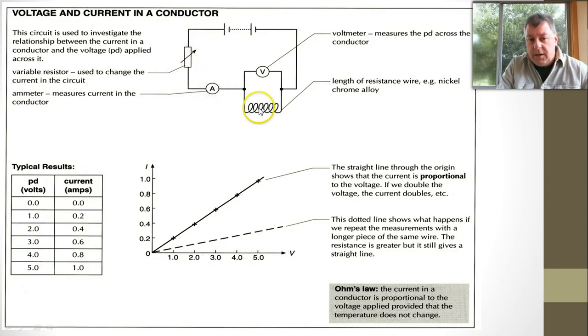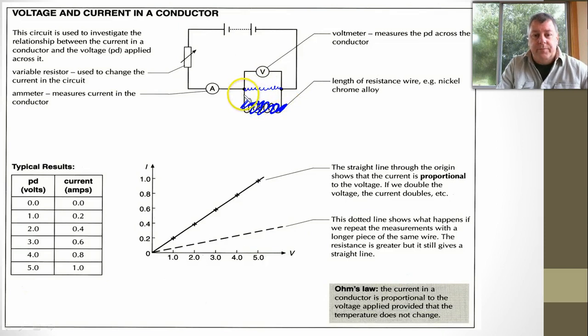You have a length of resistance wire, which is just wire, and a voltmeter that measures the potential difference across this wire. This would actually be better drawn like this, where we don't have that bit.